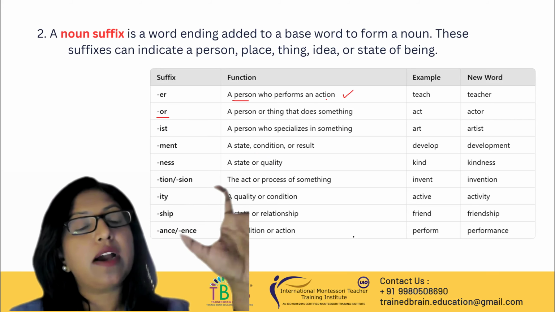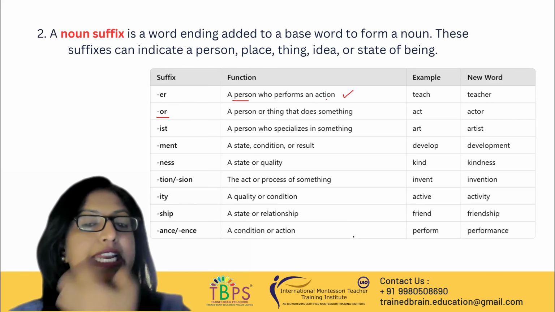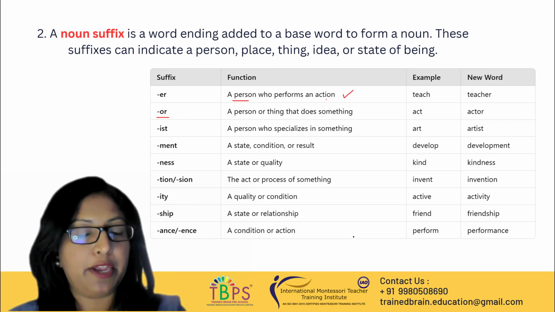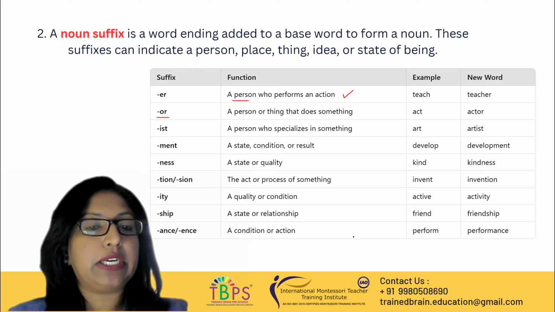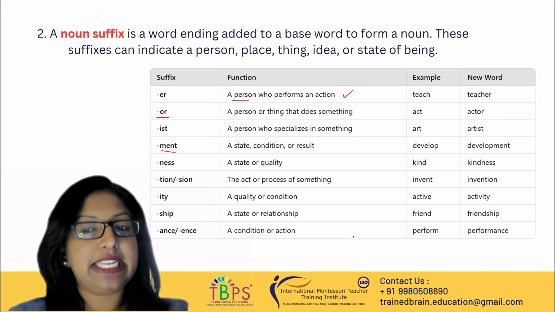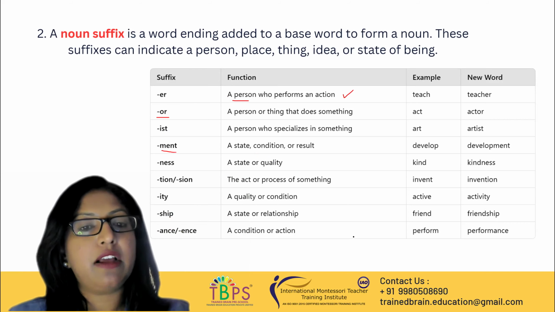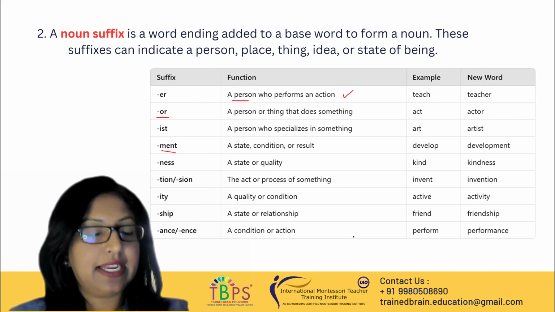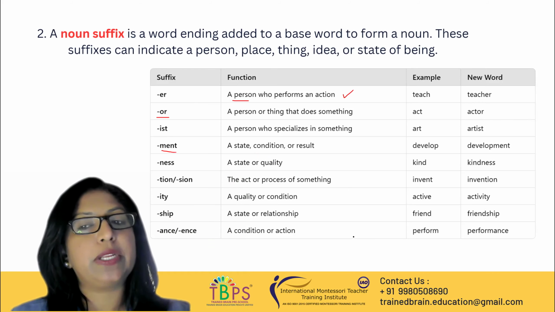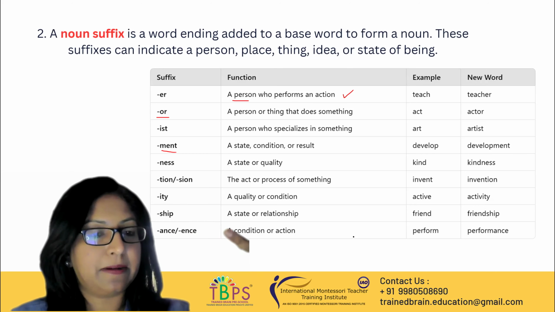Now, in case you are specifically saying something related to the state of being, the condition, or the result of that particular thing, we might add ment. For example, I am resenting to do this work, resentment. I'm trying to develop this particular habit, development.